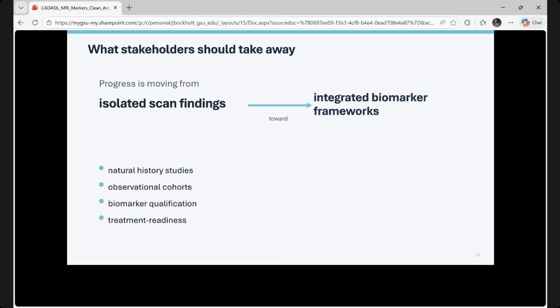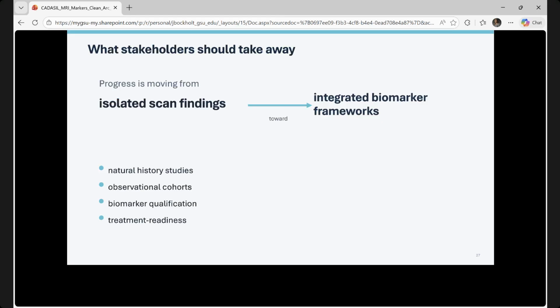Next slide. So what can you take away from what I've tried to impress on you in terms of just what are the scan findings and what do they mean on their own, and how can they be integrated?